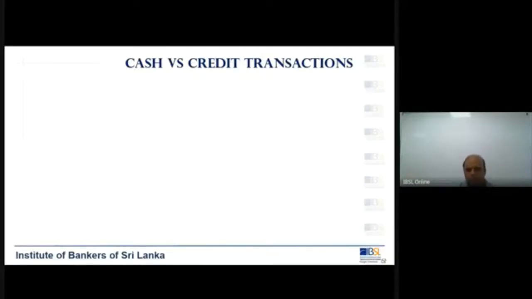When you use your credit card, you purchase the product or the service and you don't pay for it, meaning you don't pay cash immediately. The transaction happens, you receive the end product or the service, and the seller is also happy with the transaction because he receives the money, but not in the form of cash immediately.